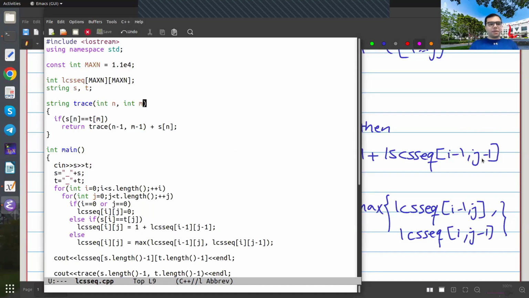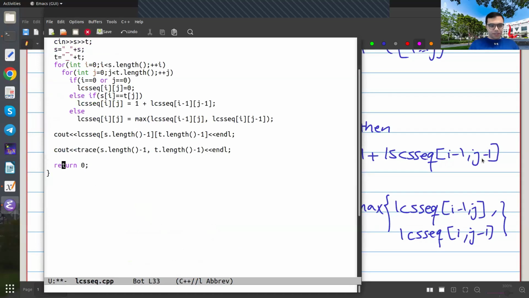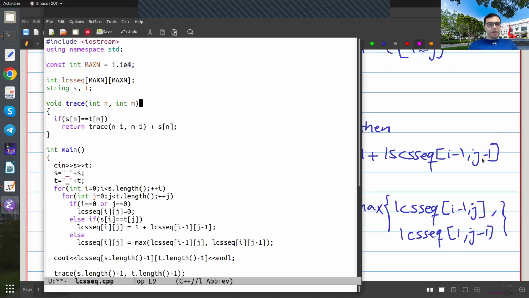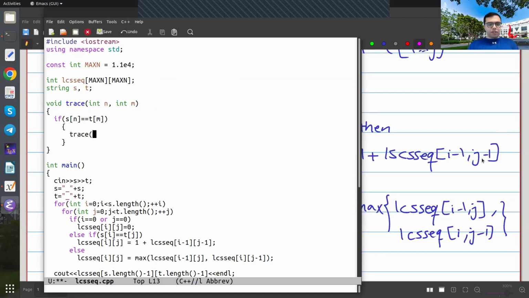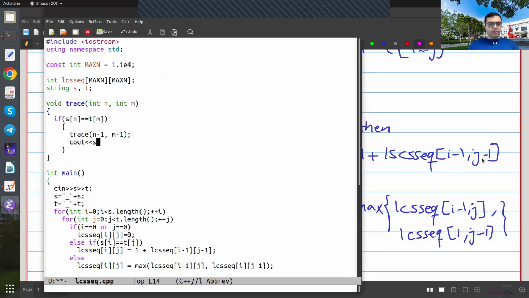Actually, now that I think about it, I would prefer it if, instead of returning a string, I just print it. Sorry, I always change my mind in the middle of the code. So I would just say if Sn is equal to Tm, first do trace n minus 1, m minus 1, and then write Sn.